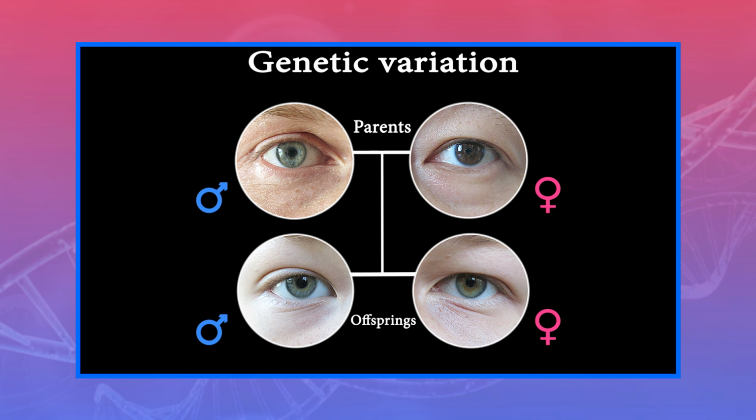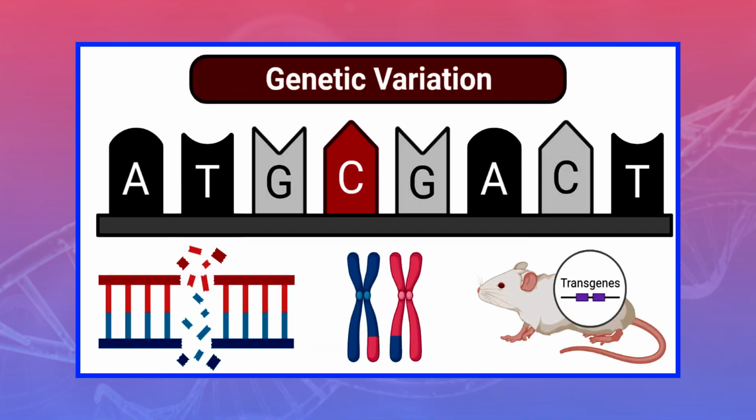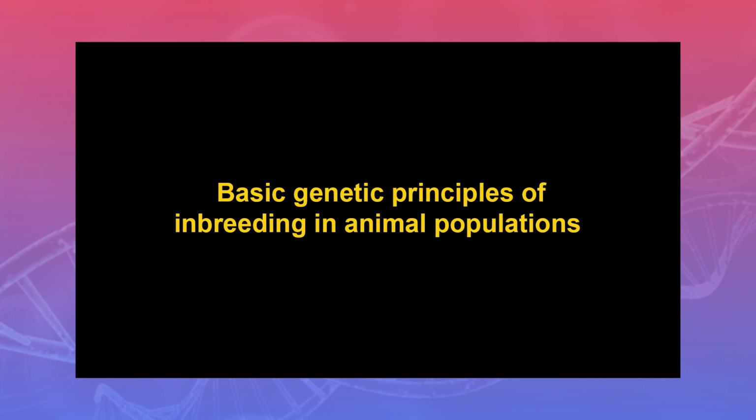The more genetic variation observed in a population, the bigger the potential genetic gain possible in each generation. Conversely, decreased genetic variation increases the similarity of the population. So inbreeding reduces the amount of genetic diversity in a population. The explanation of inbreeding in animal populations relies on a few basic genetic principles.